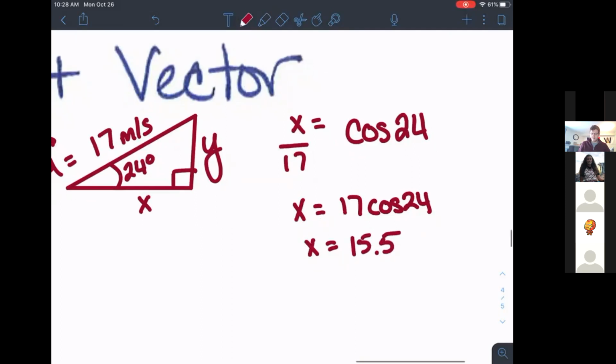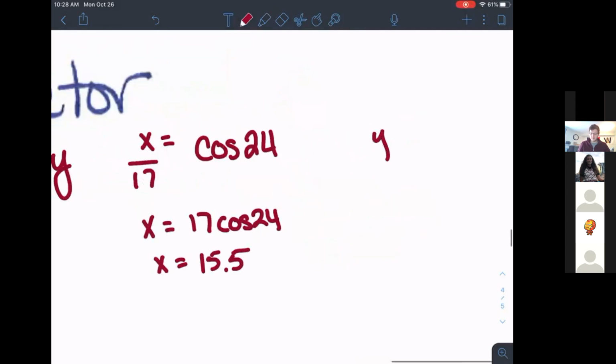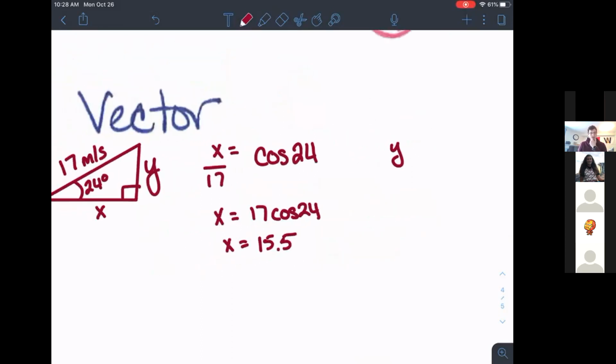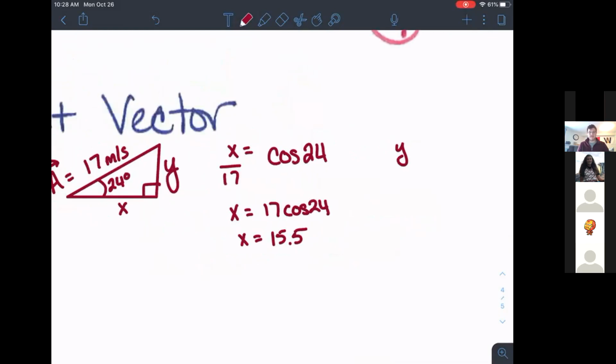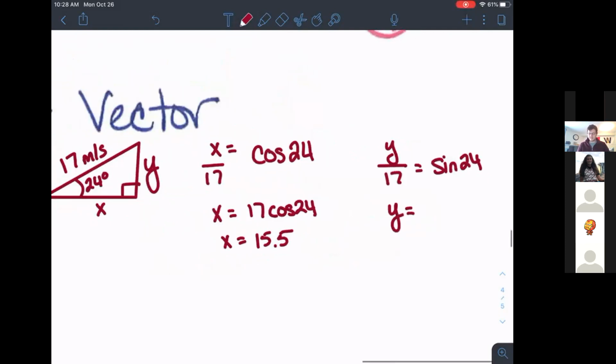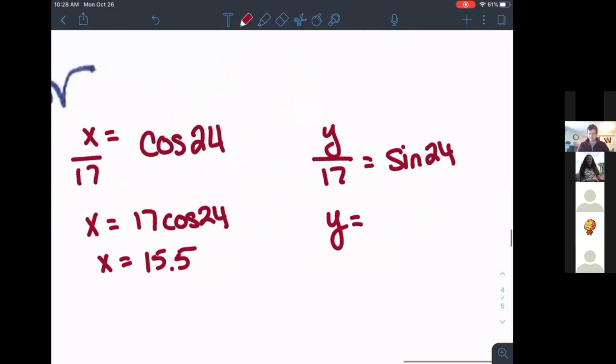Perfect. All right. How do I find my y? Y divided by 17 equals sine of 24. So if I wanted to get y by itself, what would it equal? Seventeen times sine of 24.